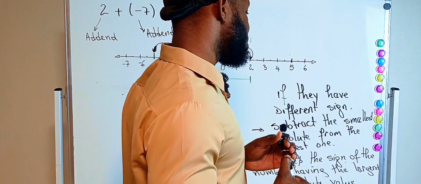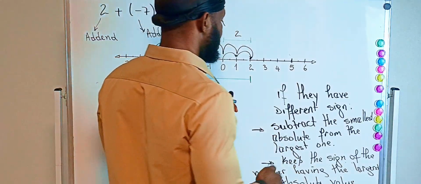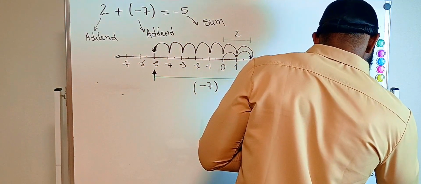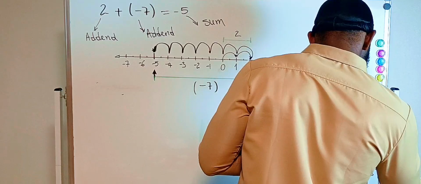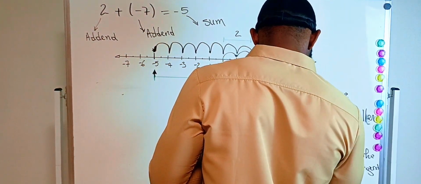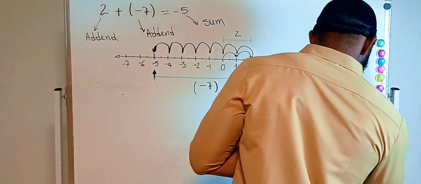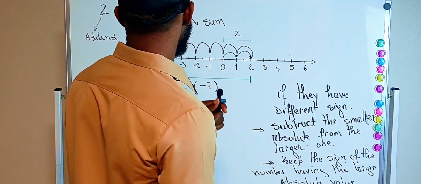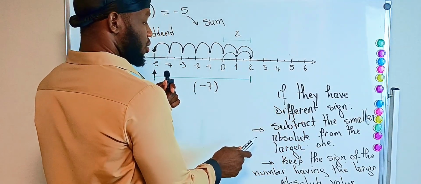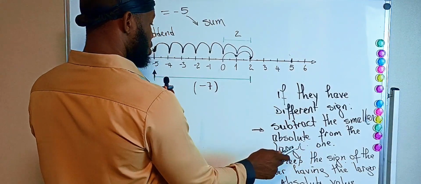If they have different signs, we subtract the smaller absolute value from the larger one.